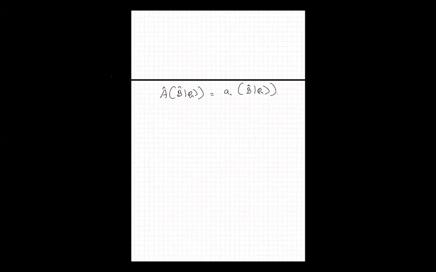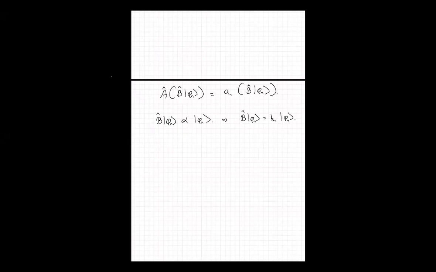And the claim is that this means that B phi n has to be proportional to phi n, and the proportionality constant can be anything. So I said that this has to be B phi n equals some Bn phi n, right? And the question is, why is B phi n not just equal to phi n? Why do you need a proportionality constant there?